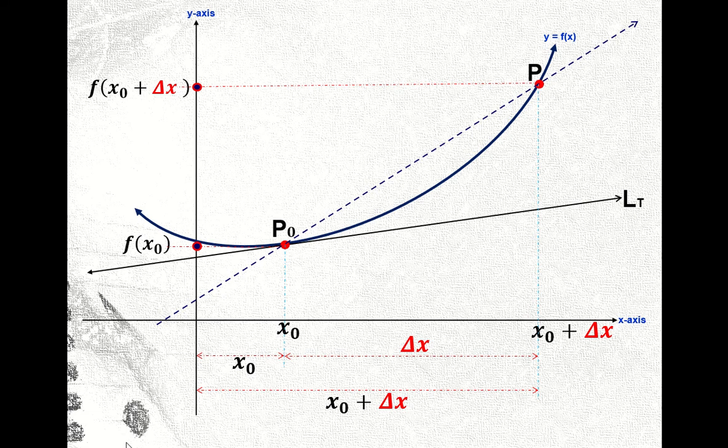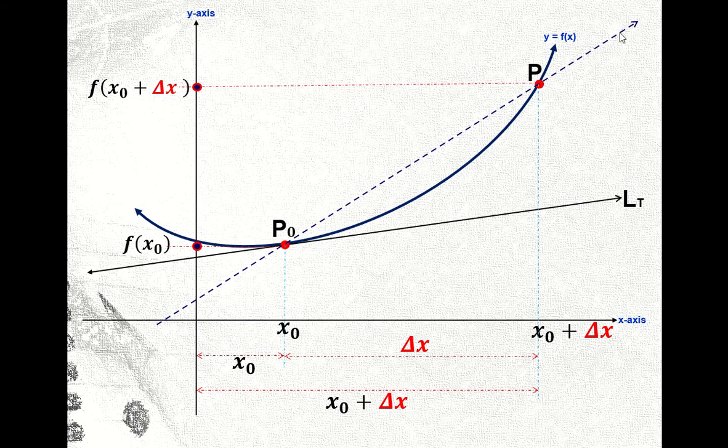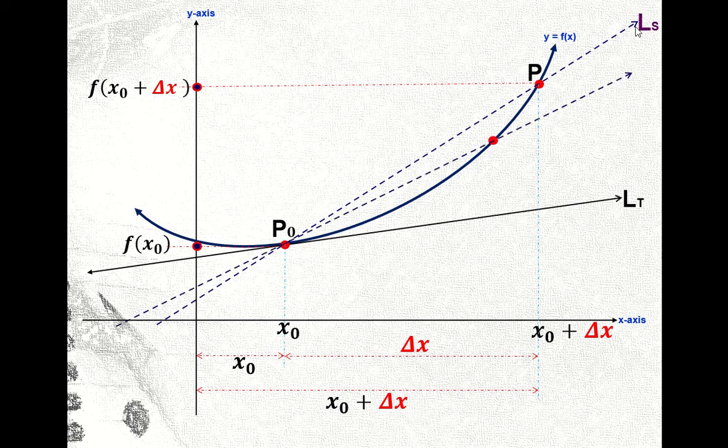So it intersects two points. So this is our secant line. So our secant line intersects these two points of the graph, this point P and P sub 0. Okay, so this is our LS.